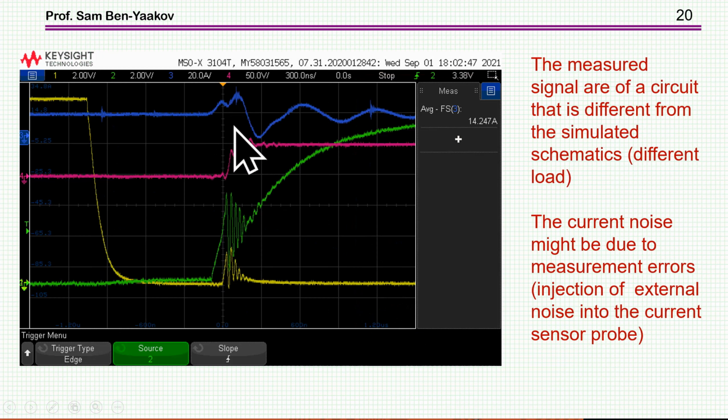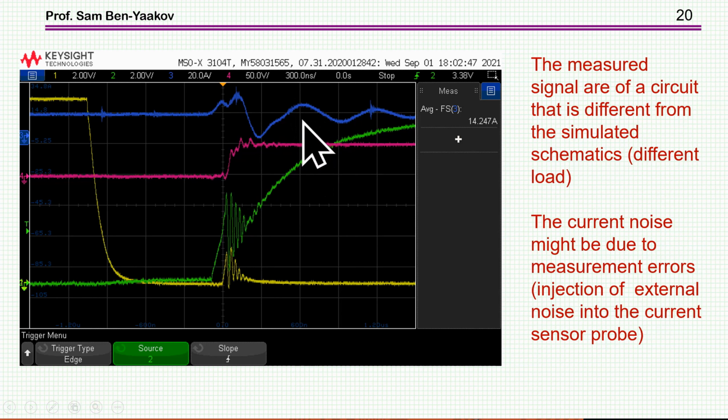However, the nature of these oscillations is a bit different, and again, as I've mentioned earlier, this is not taken off the circuit that is shown here in the simulation. It's a different circuit. So this could be the reason why we have the lower frequency. And also there is another point here.